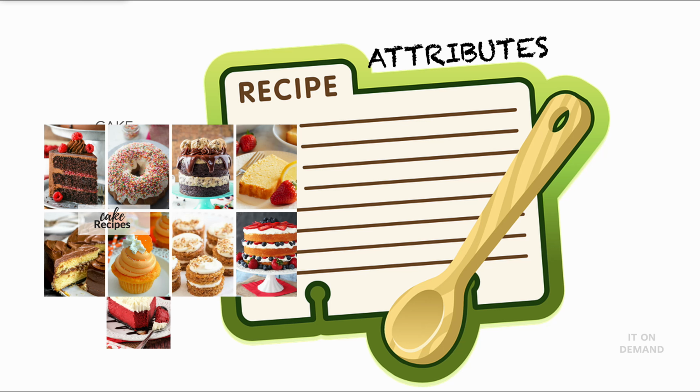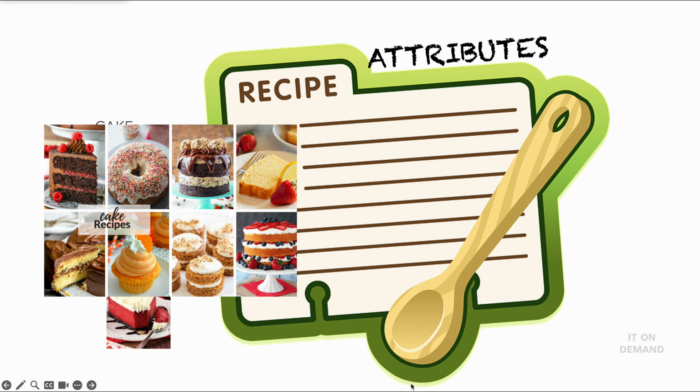We can't possibly just start baking without having a recipe. How do you teach someone else to bake a cake if you don't give them the recipe? The recipe is the class. The cake is the actual object.